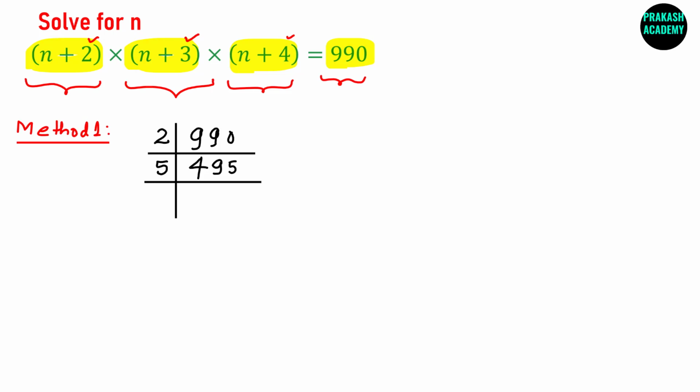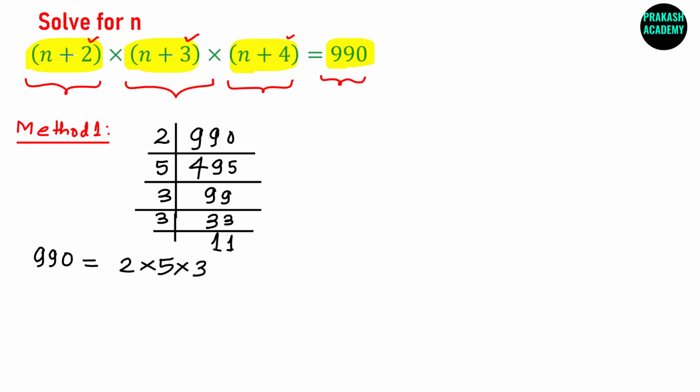Then divide by 5 because this is divisible by 5, we get 99. Then divide by 3, this will be 33. And finally again divide by 3, so this is 11. So this means 990 can be written as 2 into 5 into 3 into 3 into 11.